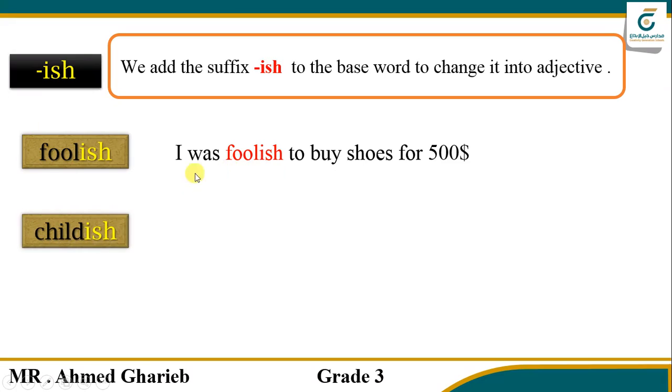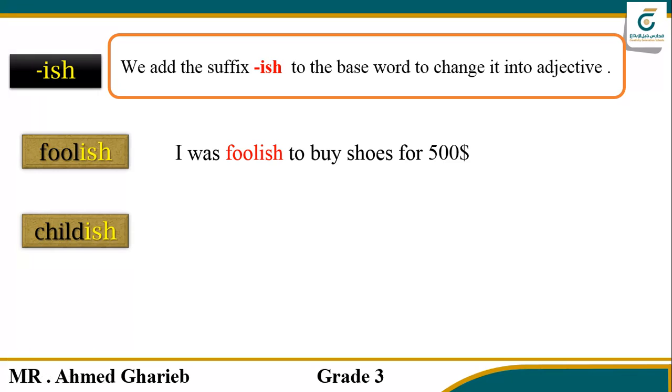Let's have another example. As you see, childish contains two parts, the base word child and the suffix ish. And as you see, ish changed the noun into an adjective. And if I describe your behavior with the adjective childish, it means behaving like a child.